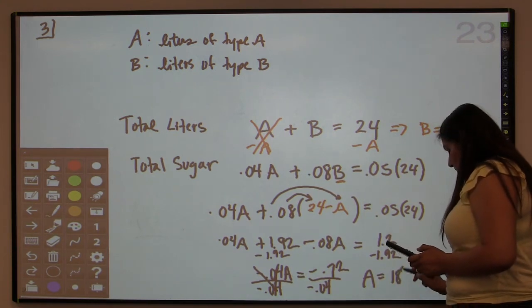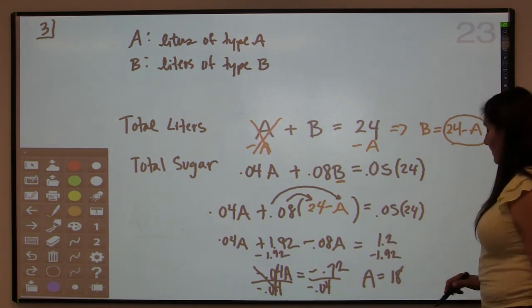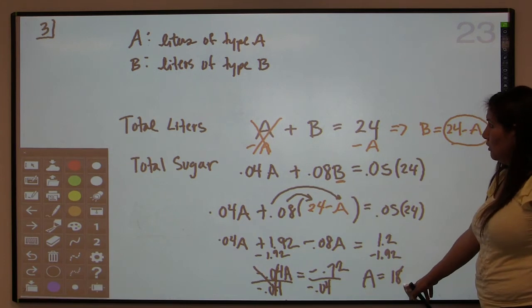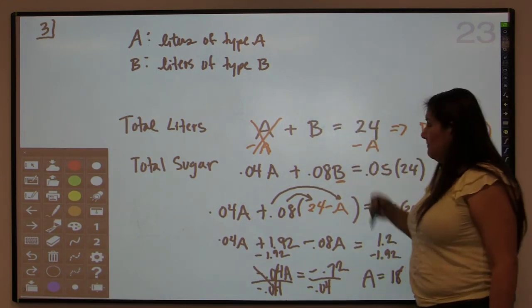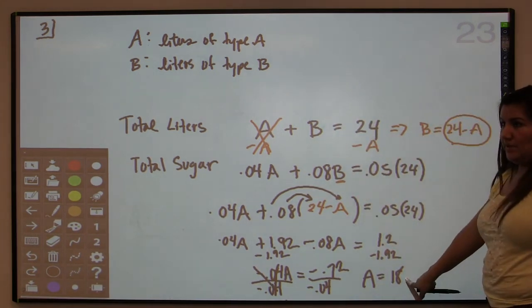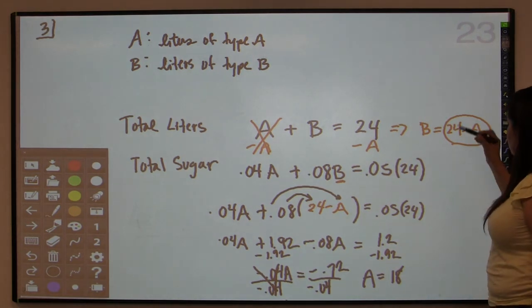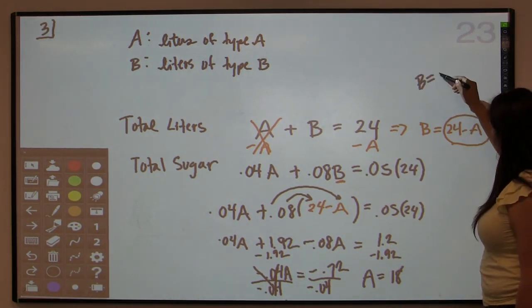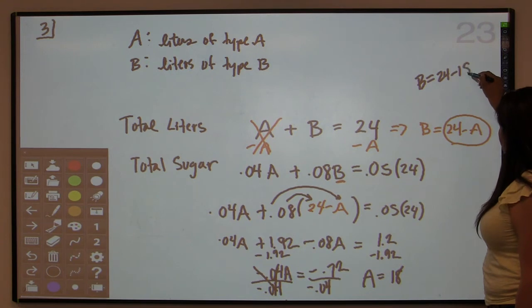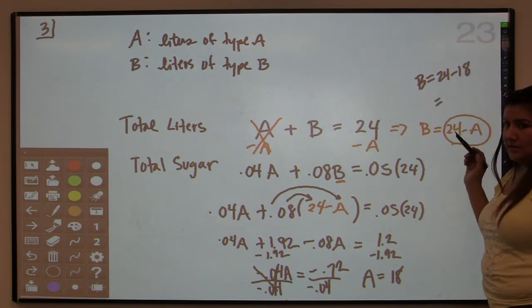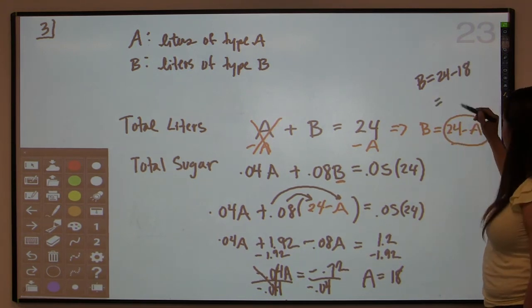It's funny how that came out to a nice even integer. So that means that I need 18 liters of type A. And if I need 18 liters of type A, I can come back here really easily and figure out that B would have to be 24 minus 18, which is in fact 6, right?